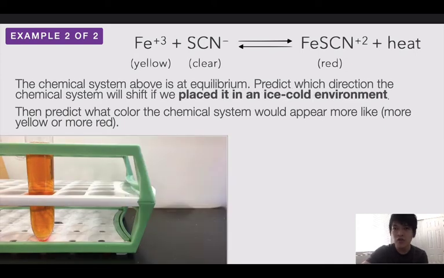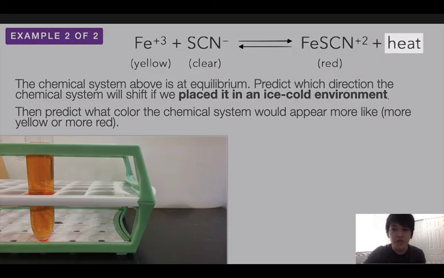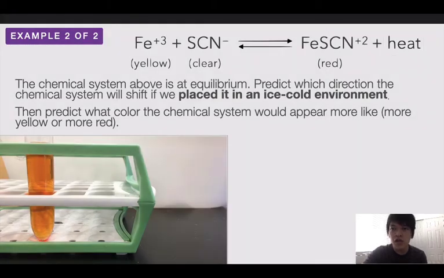In this second example, we have the same chemical system. The only difference about this problem is that the stress is that it's now placed in an ice-cold environment. Doing this would cause a drop in temperature or heat. So if this happens, then there's technically less product now, since heat is on the product side of the equation. The system will shift in the forward direction to produce more of that heat back.